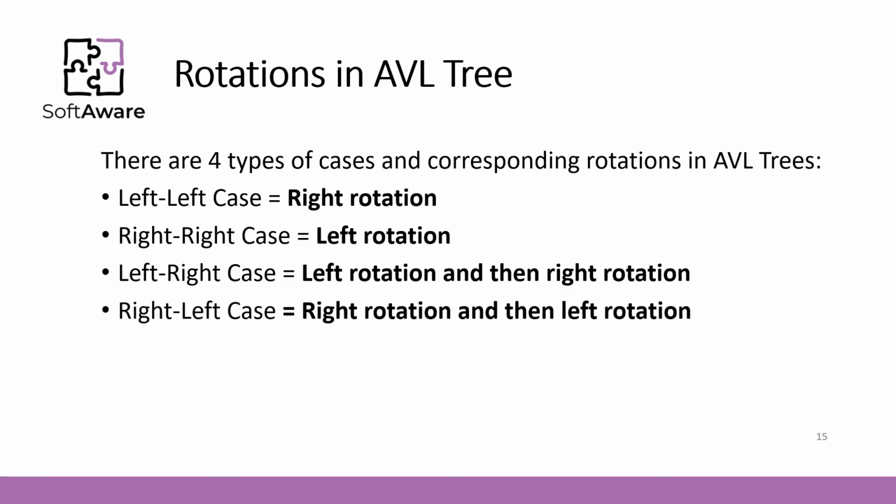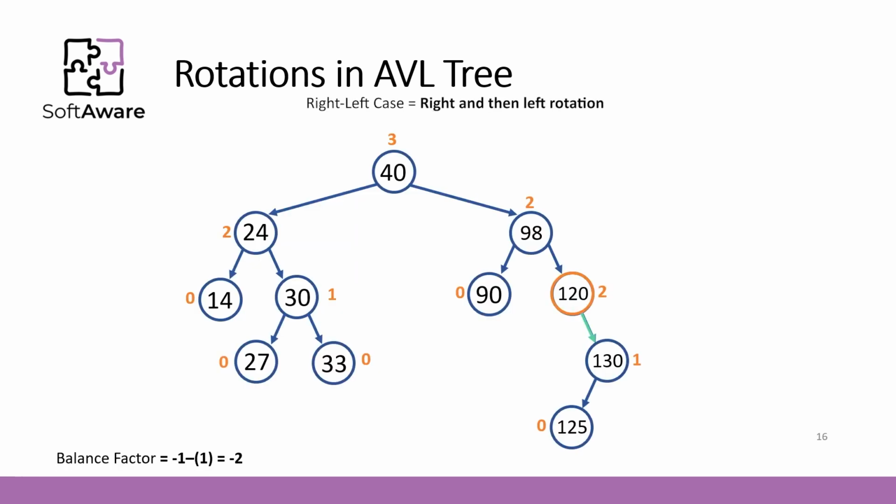In this case, we need to apply right and left rotation. So we just do the opposite of the previous example, but with the same idea. 130 goes down and 125 goes up. We have a right-right case now, so we apply left rotation. And as the final result, we have a balanced AVL tree.